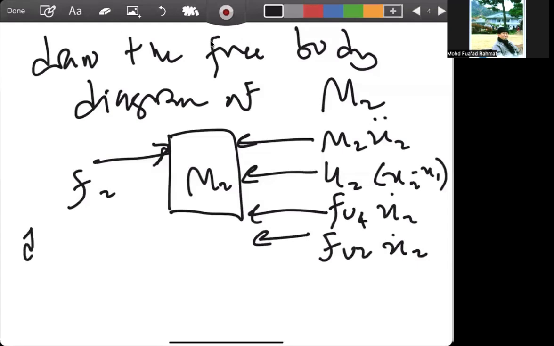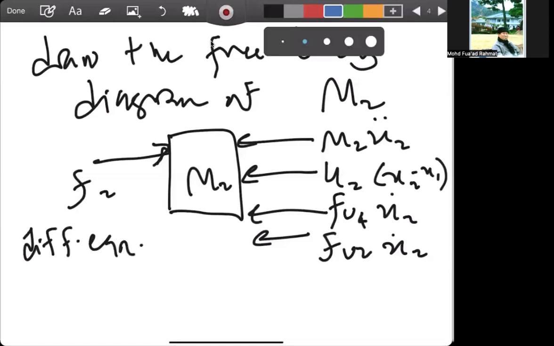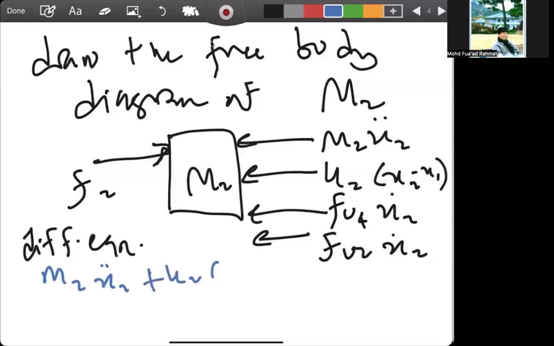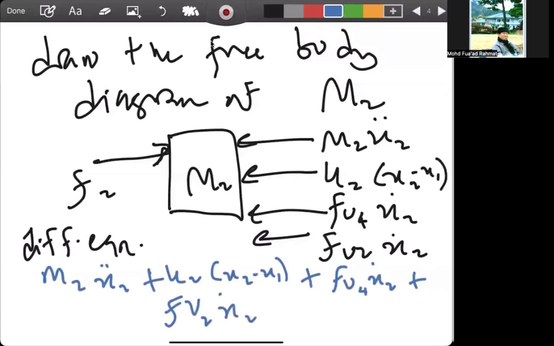So the differential equation is given by M2 x2 double dot plus K2 times x2 minus x1 plus FV4 x2 dot plus FV2 x2 dot equal to F2.